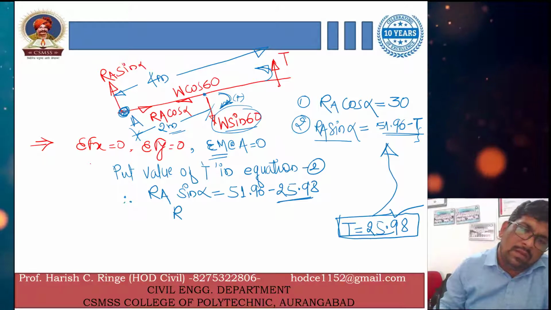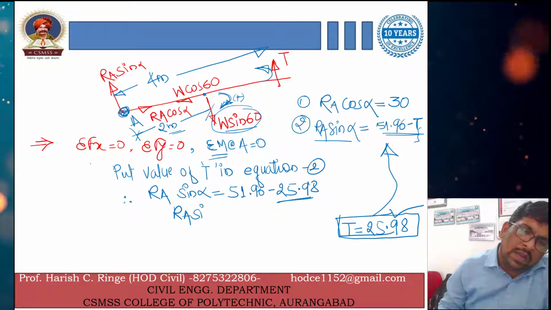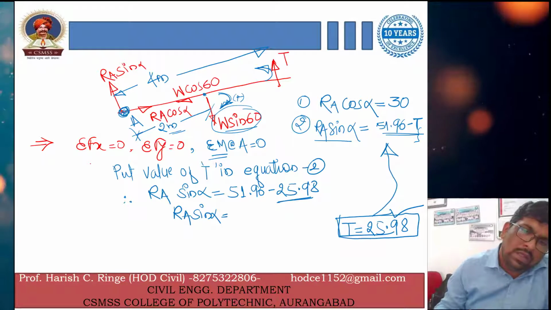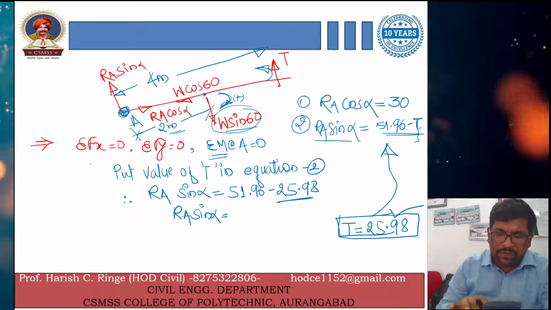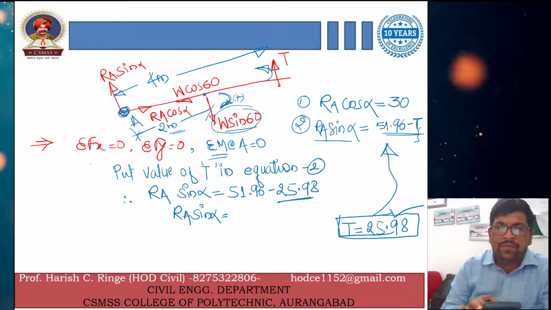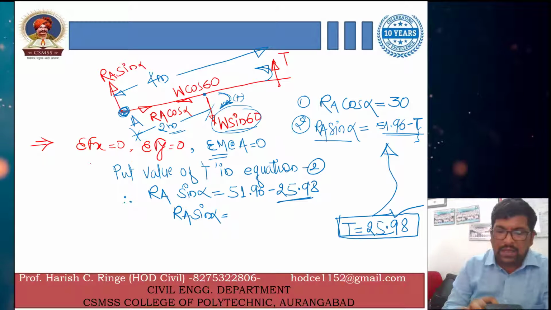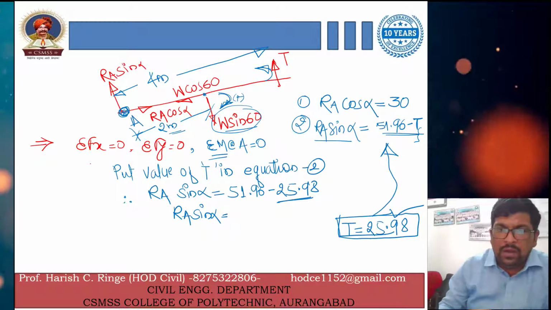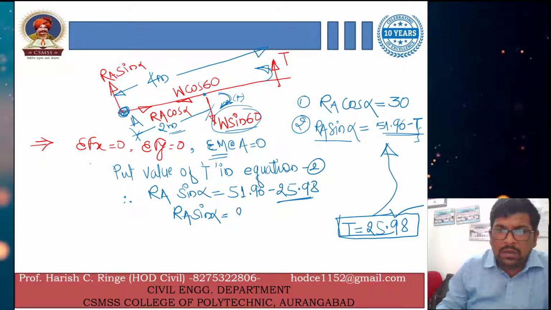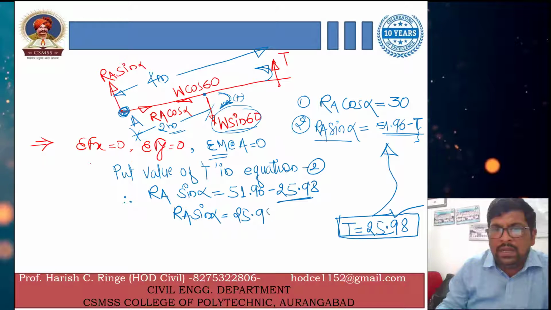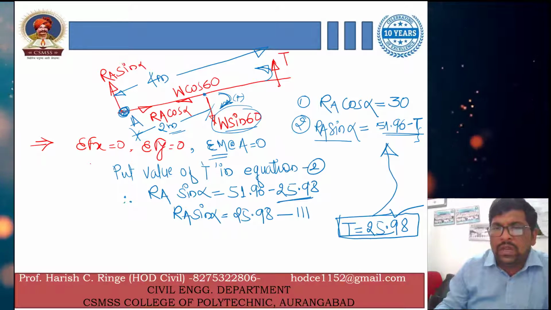We will get another value, that is Ra sine alpha is equal to 51.96 minus 25.98, so we will get a value of 25.98 over here, which we will get as equation number 3.